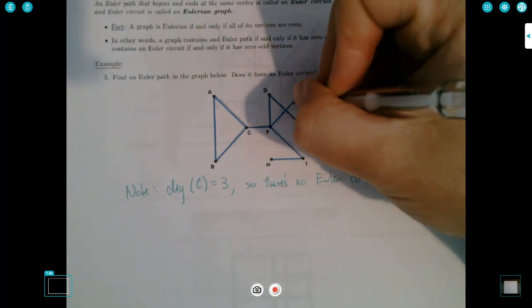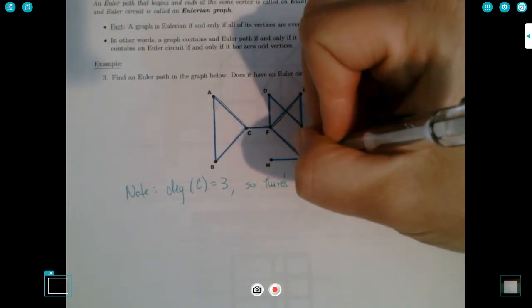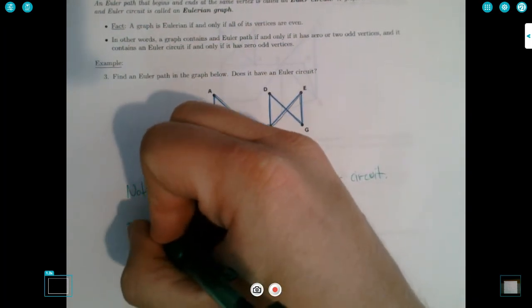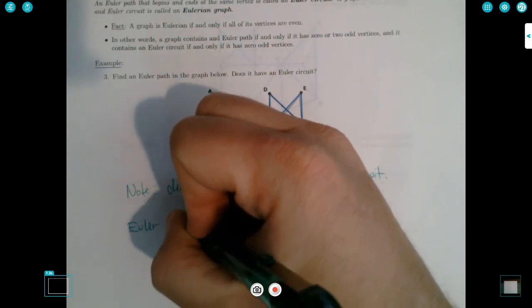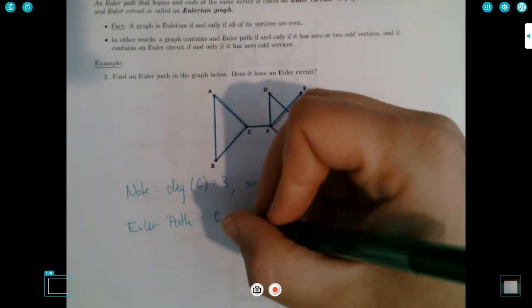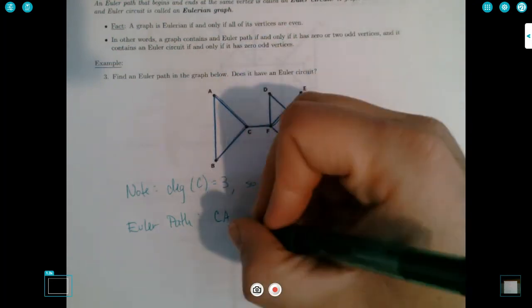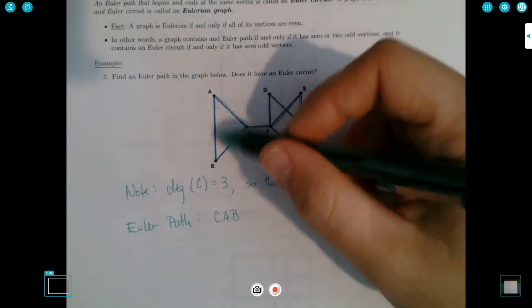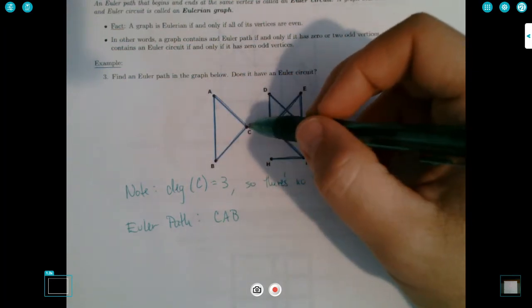Oh, that worked out nicely, right? And then down and then over. And there you go. Okay, so there's an Euler path. Now what did we do? We started at C, and then we went to A, and then we went to B. By the way, this is the way that we describe paths, is that we just write down the vertices in order.